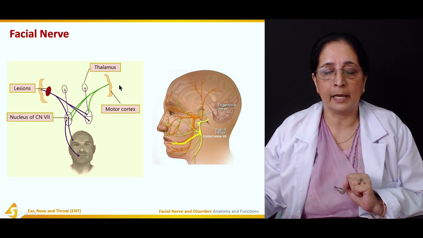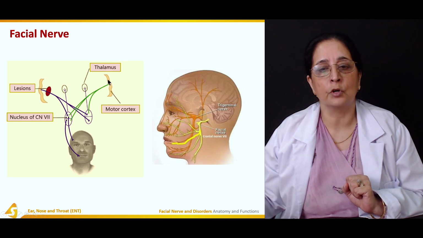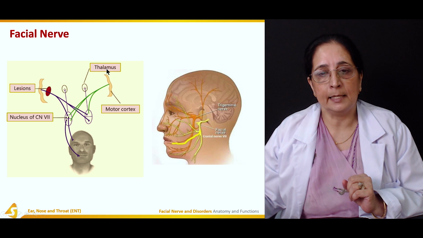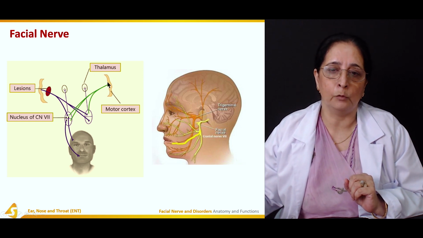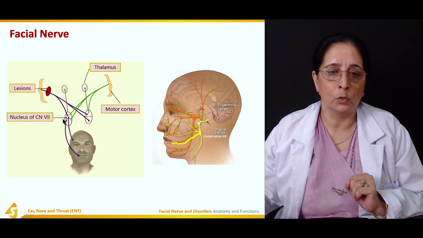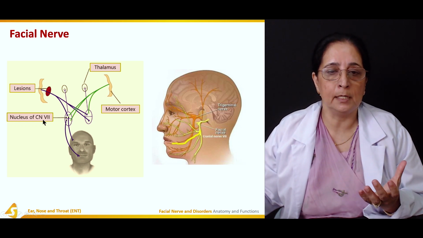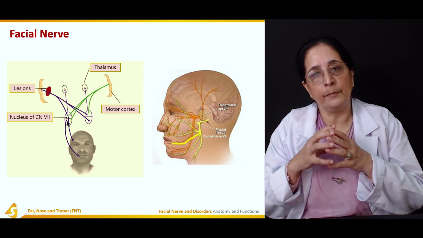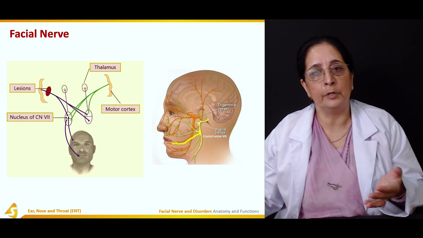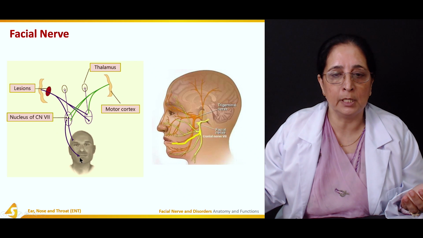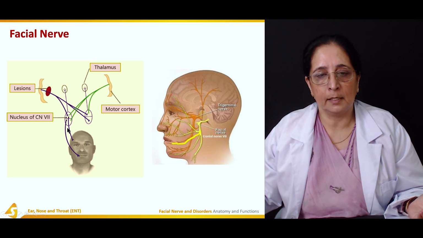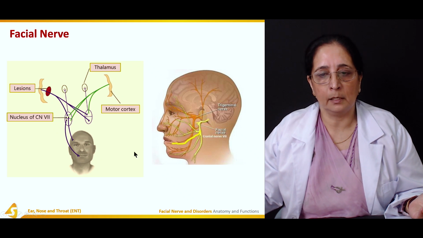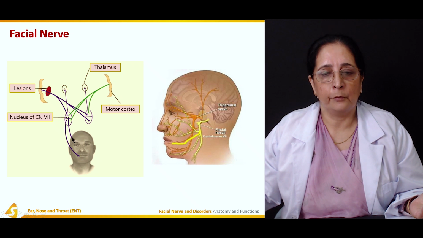And this diagram gives the picture of the motor cortex, and then the thalamus. The signal comes out of the motor cortex and goes to the nucleus of cranial nerve 7, and from that nucleus the information is relayed to the face, towards the buccal region and then the forehead region.